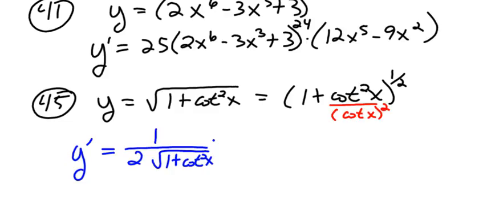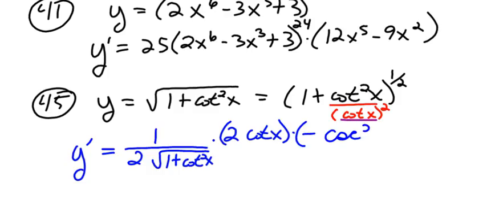So I'm going to do that function next. So I'm really going to multiply it by the derivative of this, which would be 2 cotangent x to the first. All right. Then I'm now going to take the derivative of cotangent, and I'm going to multiply it. So that I have now the derivative of cotangent is negative cosecant squared x.